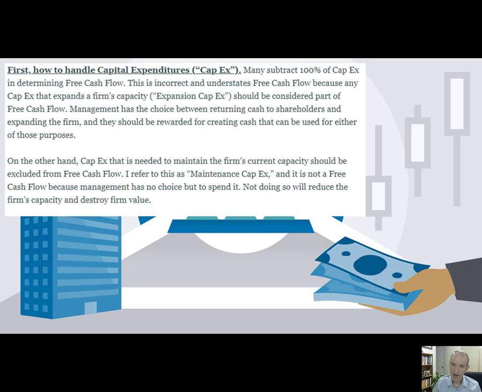If you saw my blog, I show you how I try to do it with Walmart. With Walmart, I looked and said, okay, what's their most important expansionary CapEx? To me, it's adding more stores, more square feet. And so what I did is I ran a regression between their CapEx and their change in square feet.